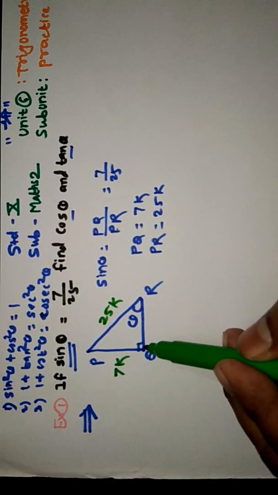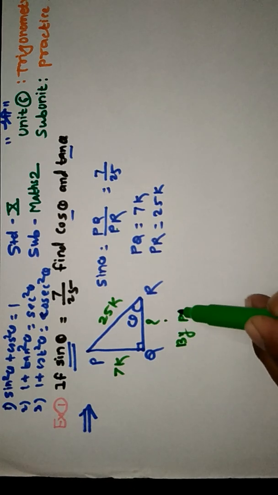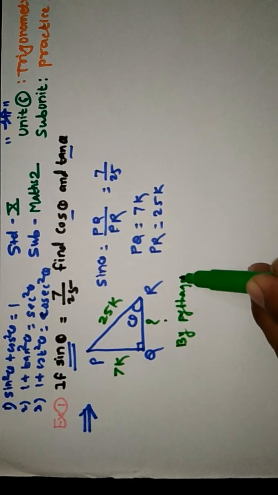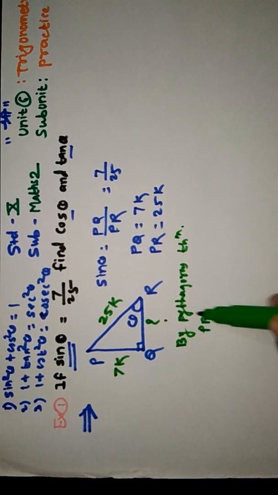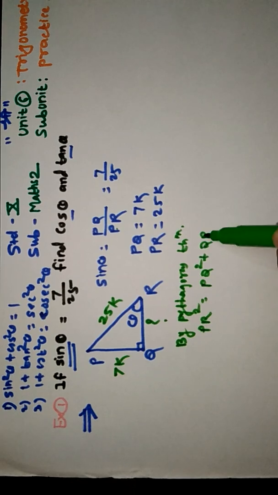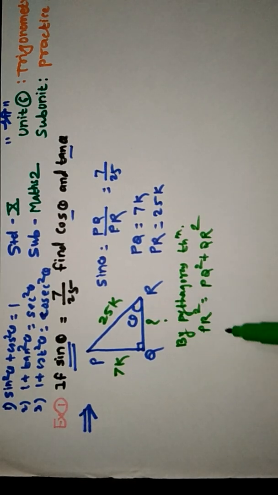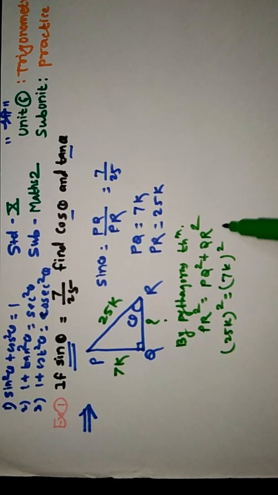Now by using the Pythagoras theorem we find the value of QR. PR square is equal to PQ square plus QR square. PR square means 25K square. PQ square gives 7K square.